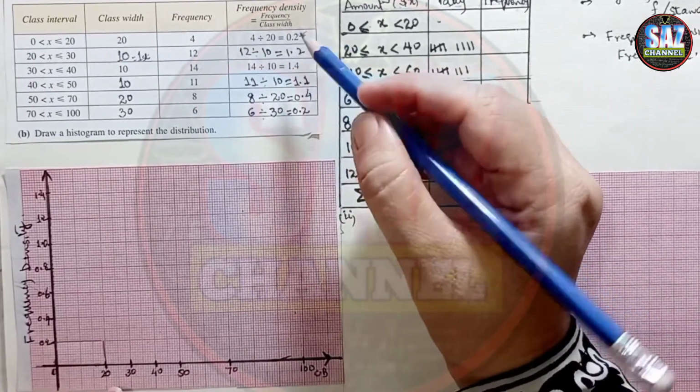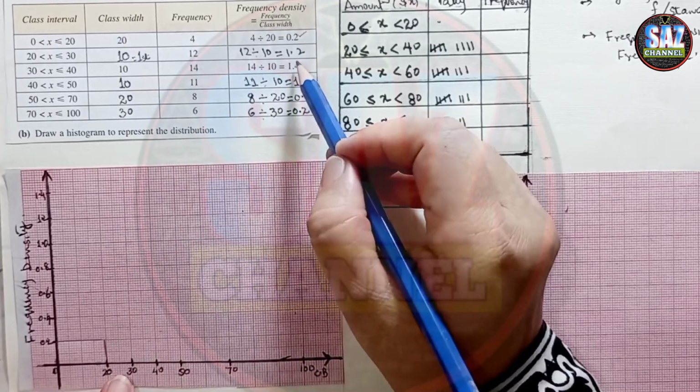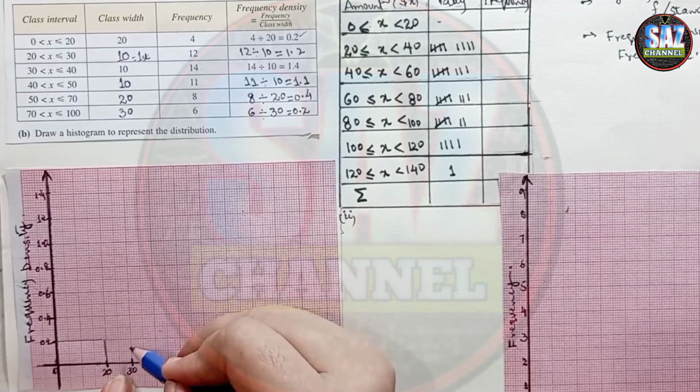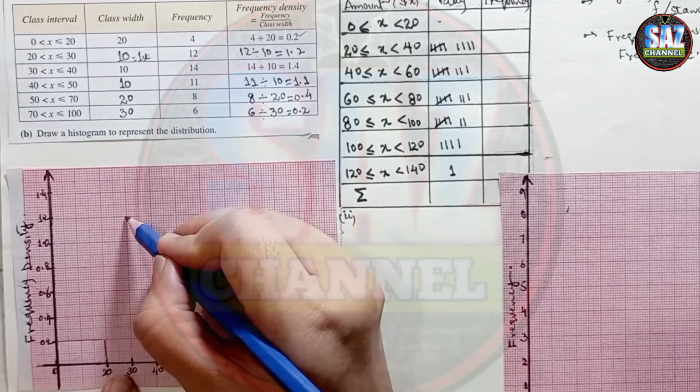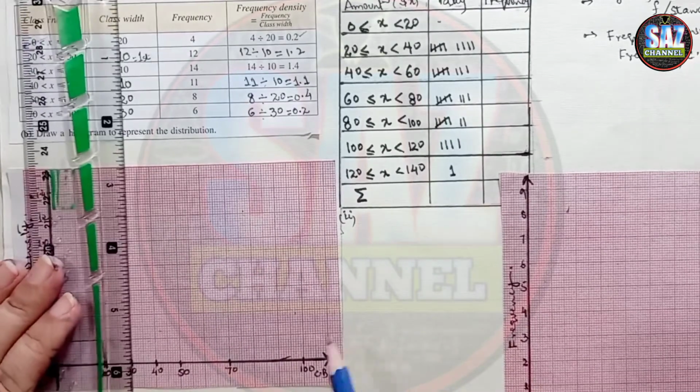Then the next is having one standard. From 20 to 30 we have one standard, but the frequency density is 1.2. So for 1.2 I have to move straight up, and this is the place for 1.2. Really easy work.